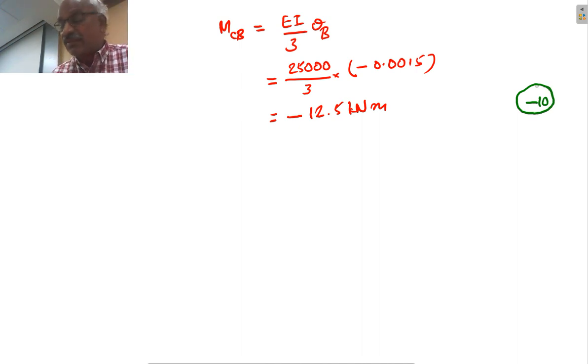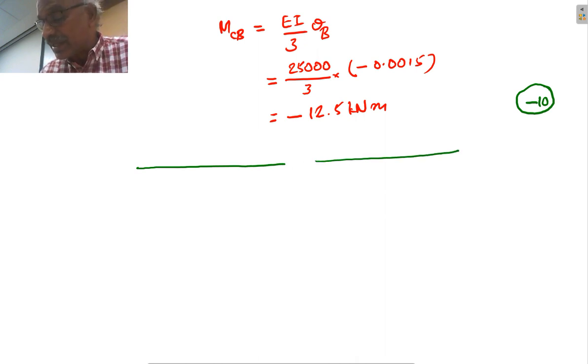Now next is that of drawing the bending moment diagram. For drawing the bending moment diagram, AB is one span, BC is another span. This is A, B, B, C, 6 meters, 6 meters, right?